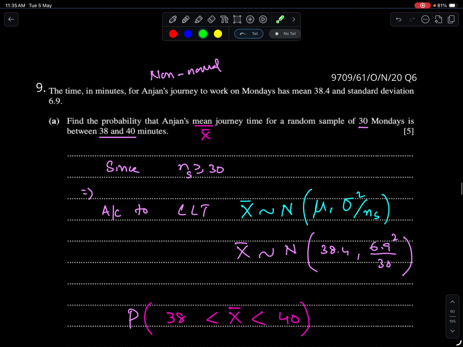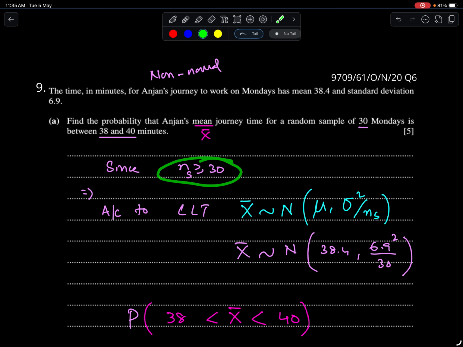See another example. The times in minutes for which the distribution is unknown. The distribution is unknown. It has this mean, this standard deviation. Another example of CLT, okay? Find the probability that Anjan's mean journey time X bar over 30 Mondays is between this and this.